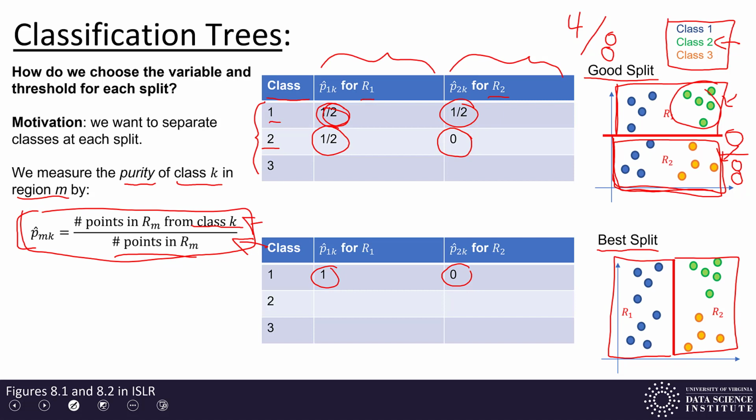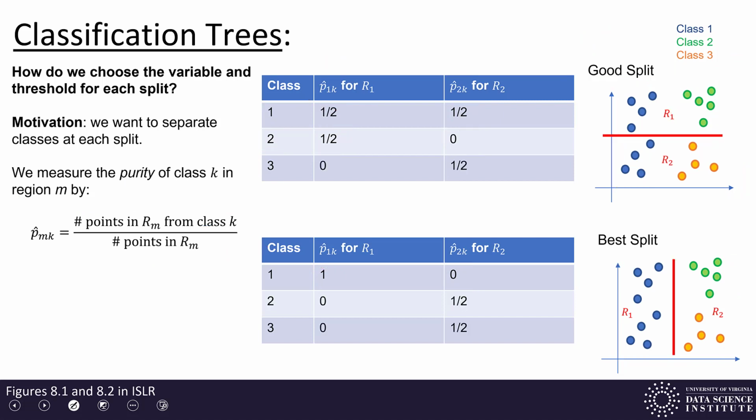Region 2 has 0 members from class 1 and 8 total, so that's giving us a 0. So the purity, what we really want for the purity values is something close to 1 or something close to 0. Those are our ideal scores. 1 means that region is made entirely of that class. 0 means no members of that class have gone over to that region. So here we've filled out the tables.